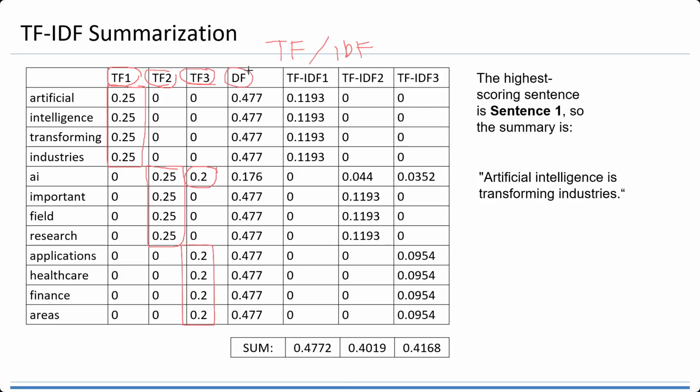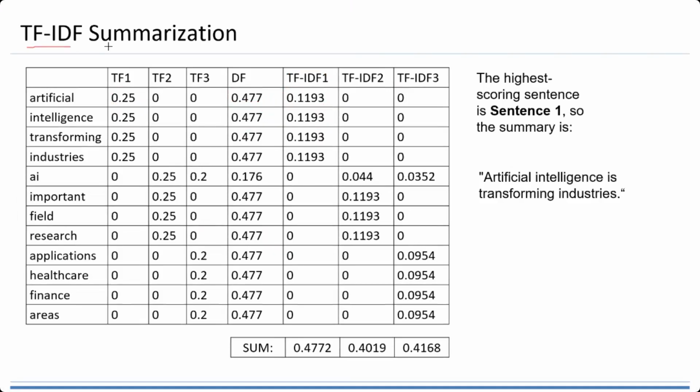The DF means whether the words are available in the 3 sentences or not. So this is the TF for each word. And we can calculate the TF-IDF1, TF-IDF2, and TF-IDF3. So this TF-IDF1 is the result from TF1 multiplied by IDF. This one is the result from the TF2 multiplied by IDF, and so on.